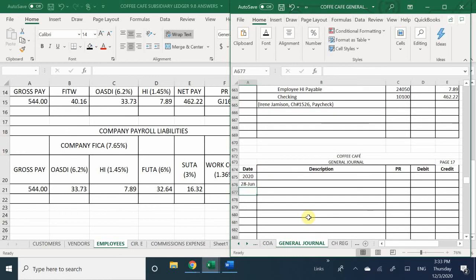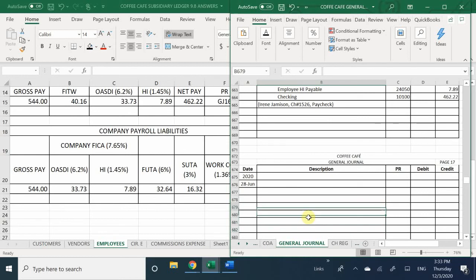The date is going to be 6/20. So we're going to have the company FICA, the company FUTA, and company SUTA payables, and also the workers' comp payable.